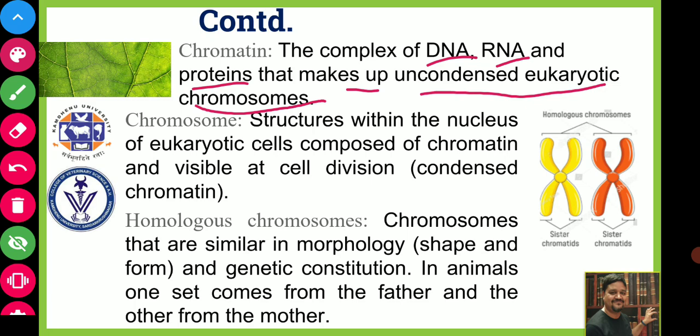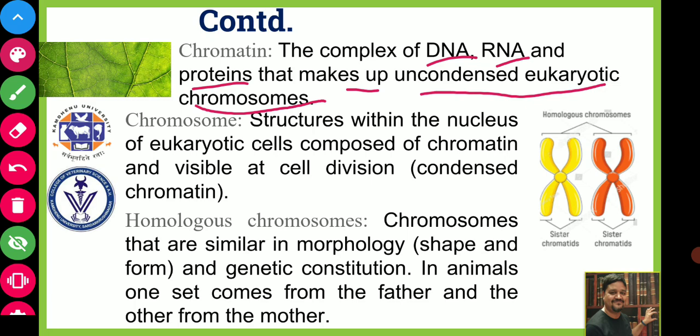So we know that at a particular stage of the cell cycle, the chromatin material will start dehydration and condensation, and in condensation they will become thicker and thicker and appear like a chromosome.